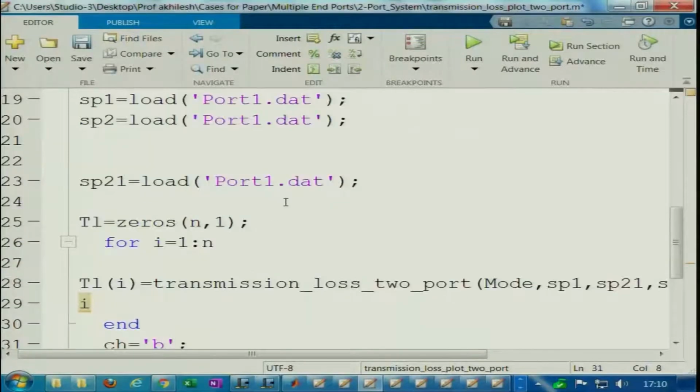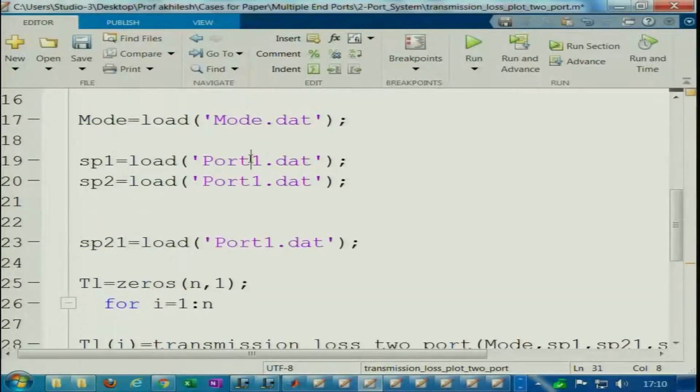What we could do is put this as port 2 instead of concentric, and this is also port 2.